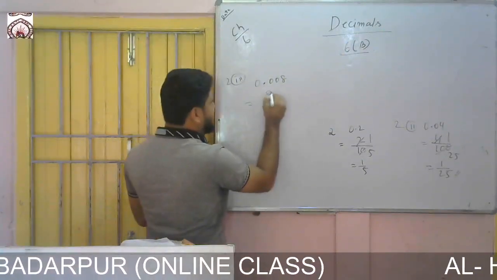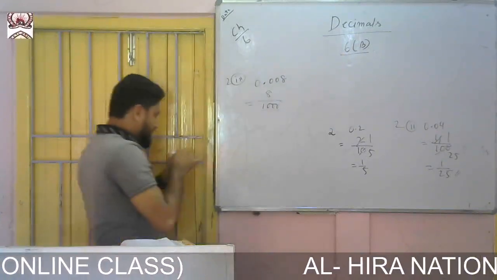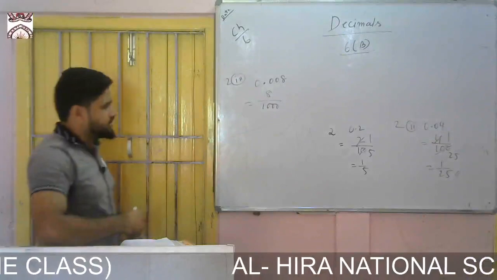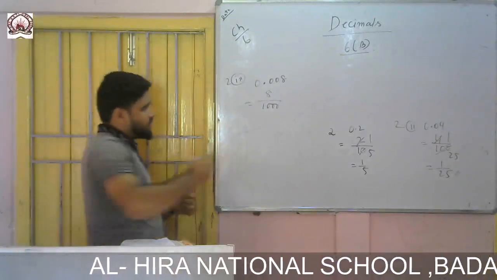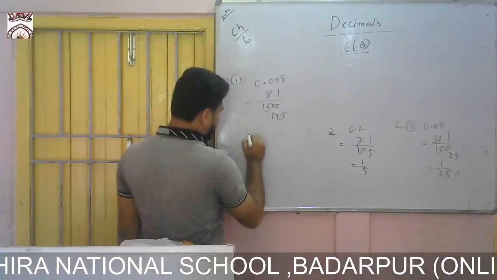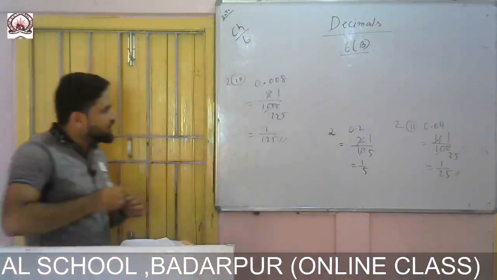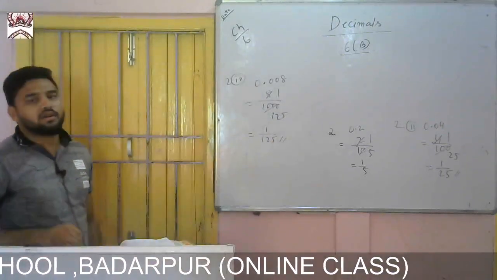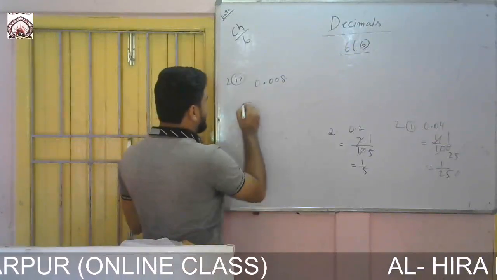If I omit the point, then it will be 8. Then after the decimal 3 places, so 3 zeros. So 8 by 1000. So 8 1s are 8, 8 125s are 1000. So it is 1 by 125. Or you can cancel with 2 also. Okay. So do like this.